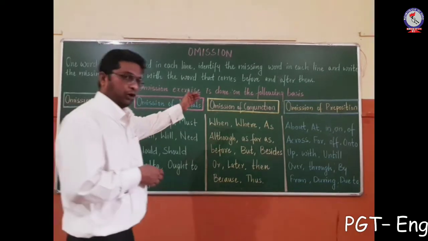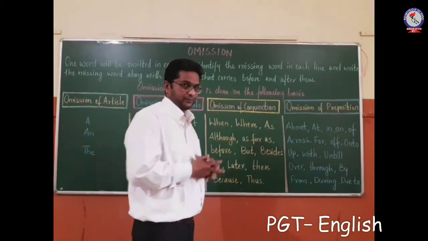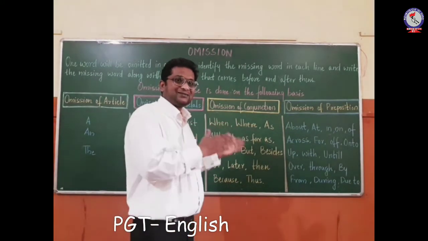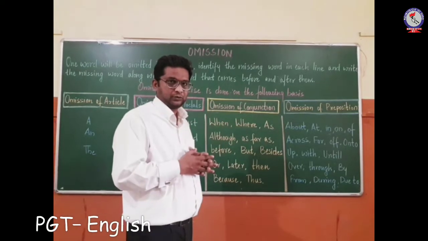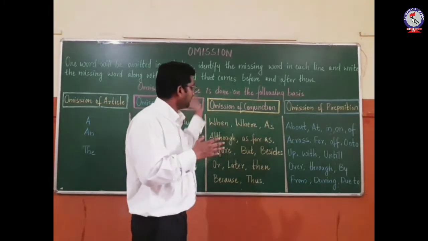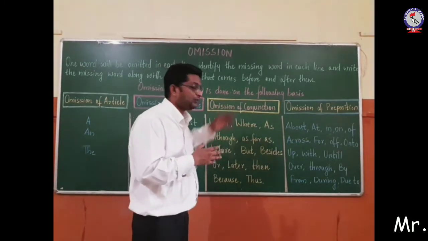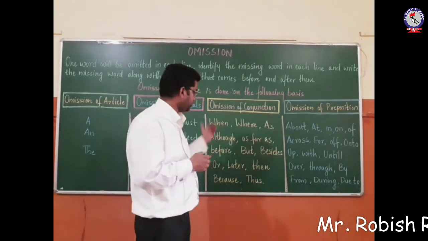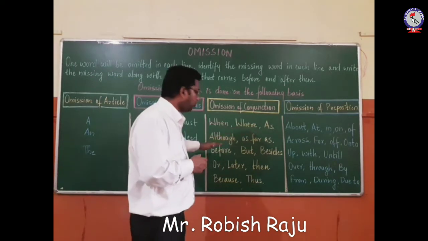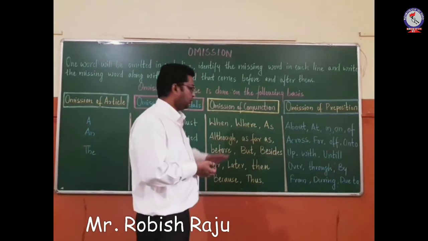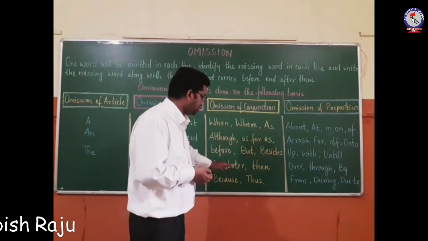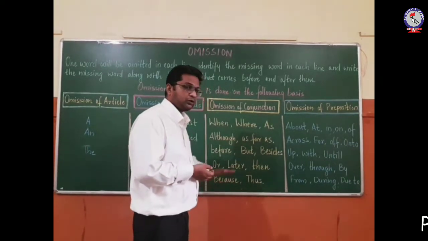Then comes the omission of conjunction. Conjunctions are the words that connect one sentence with the other. So we must be familiar with the modals, and now we must be familiar with the conjunctions. Conjunctions like when, where, as, although, as far as, before, but, besides, or, later, then, because, thus.